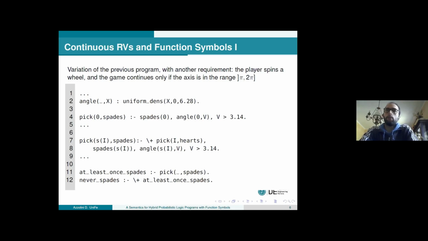Then we modify all six clauses for pick. Here I've reported only two clauses. For pick 0 spades, for example, we add angle 0 V, V greater than 3.14, and similarly for all the other clauses. Still, we are interested in the probability that the player picks spades at least once.